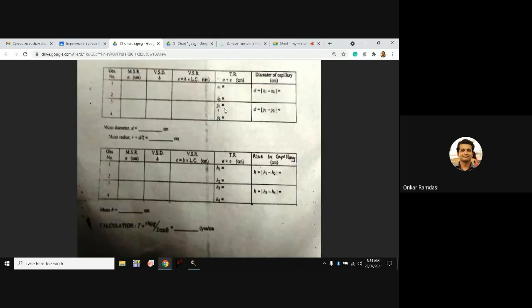And this table you need to check. So 3 tables I want with the surface tension value readings. So let's say for 10 degrees Celsius, you have got H1, H2, height difference, and you can calculate surface tension for 10 degrees Celsius. Second case, you need to move that cursor to 30 degrees Celsius.